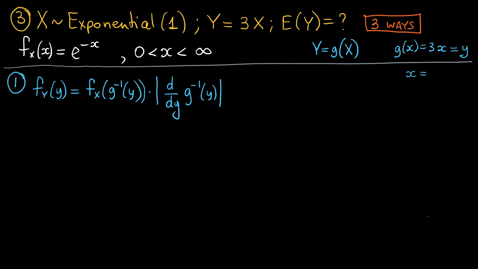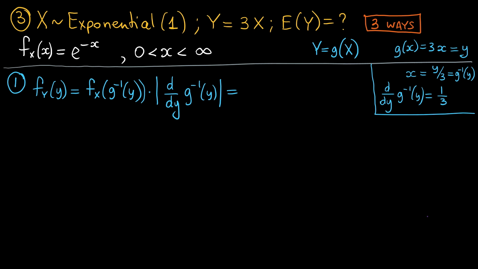So x would be equal to y over 3, and this is our function g inverse of y. Okay, and now the derivative d dy of g inverse of y is just the derivative of y over 3, and that's 1/3. Okay, and we've derived everything that we'll need to know to plug into this formula.